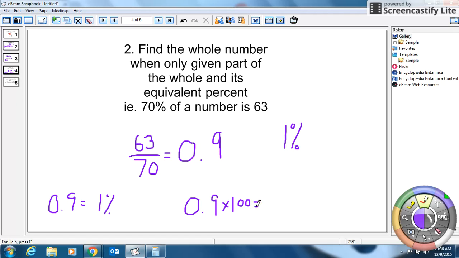I don't even need my calculator, because when I multiply something by 100, I move the decimal however many zeros there are. There are 2 zeros in 100, so I move it over once, twice, and it ends up as 90. So my original number was 90. 70% of 90 is equal to 63.